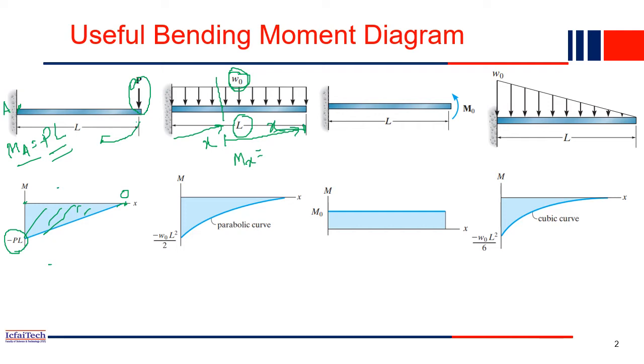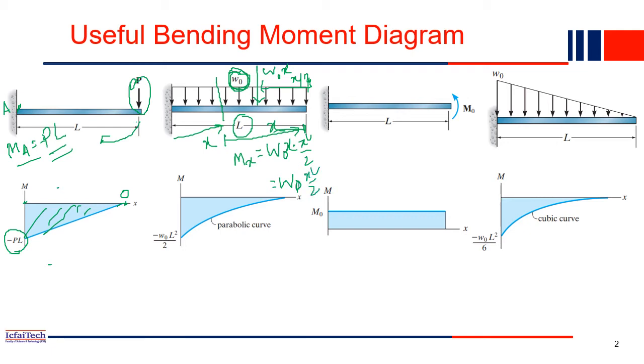What is the total load? The UDL W naught is acting, so the total force will be W naught into x, and the distance will be x by 2. If you replace the UDL with a concentrated load, it will be W naught x, and this distance will be x by 2. So W naught into x by 2 gives W naught x square by 2.